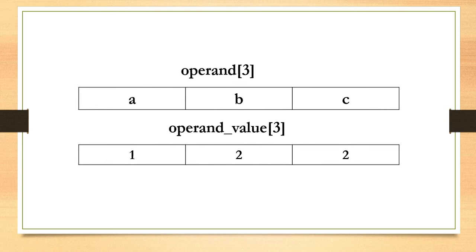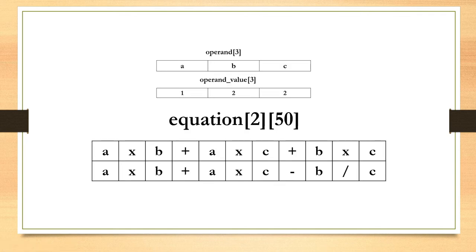Next we will take an integer array that will be holding the operand values accordingly, and we will call this array operand value. After that we will take a 2D array to store the equations. As our program can evaluate multiple equations, we will need a 2D array.